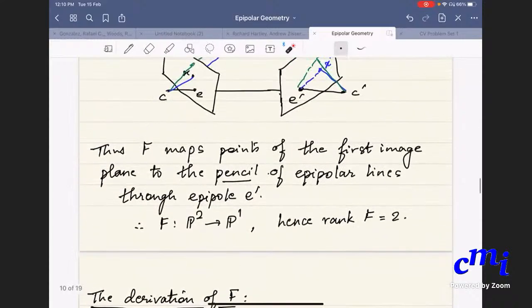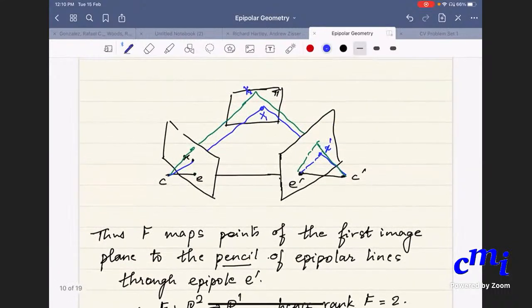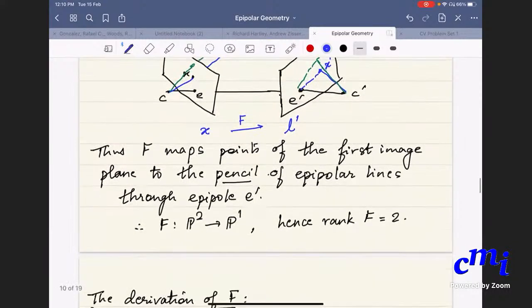The important point to note here is that you're going to have a map F after all this process. You're taking an image point X here, and you're ending up with an epipolar line here. So a point goes to a line, so this is going to be a map from P2 to P1.